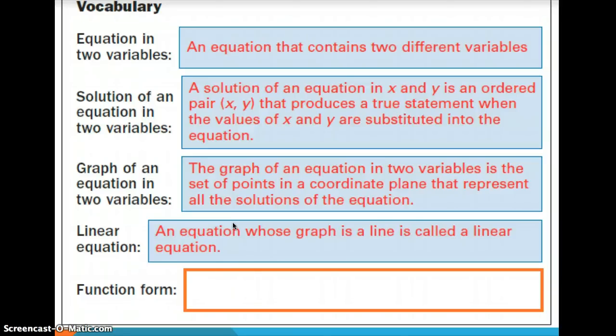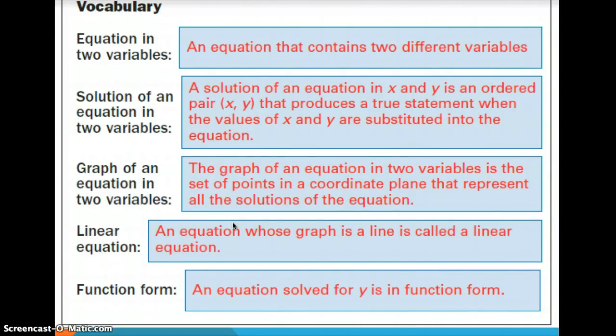Function form. Function form is an equation solved for y. Function form is y equals ax plus b.